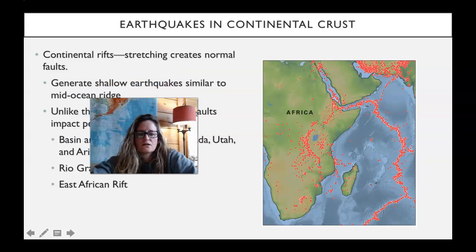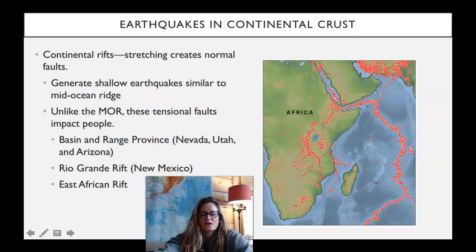Here is earthquake activity around Africa. This is a triple junction here, 1, 2, 3, and this is the East African Rift Valley. We've looked at it before with volcanism and plate tectonics, where this will eventually turn into a divergent plate boundary.